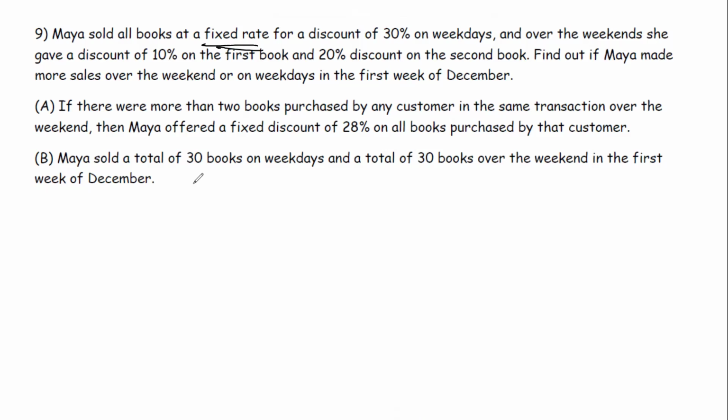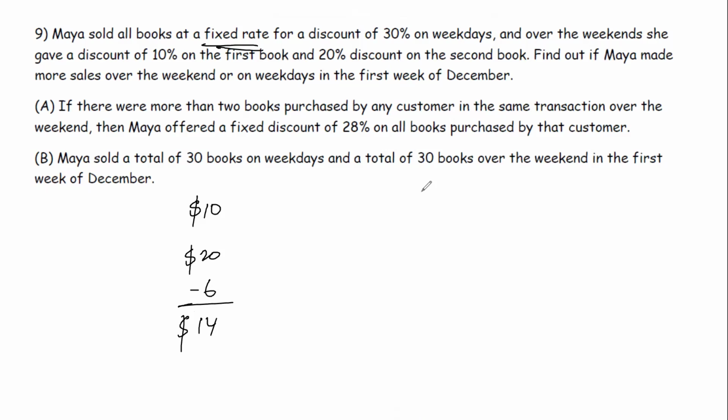So let's say a customer purchased two books on the weekend. Let's just say each book is $10, right? So for the weekday, a 30% discount means a total cost of $20, and 30% discount on this is $6 off. Correct? So Maya would get $14.